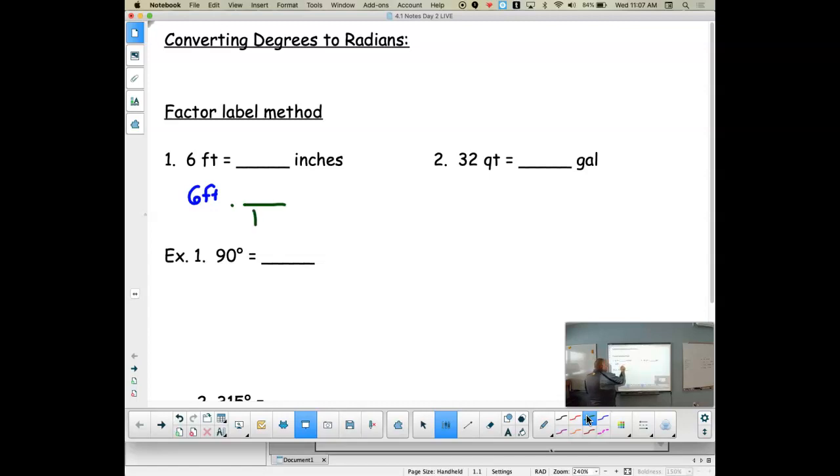So I'm going to multiply it by the fact that 1 foot is 12 inches. Then the feet go away, and all we're left with is inches as the label. That's a good thing. 6 times 12 is 72. So there are 72 inches in 6 feet.